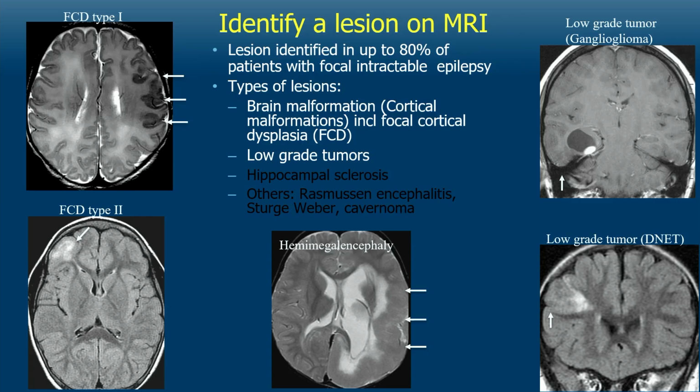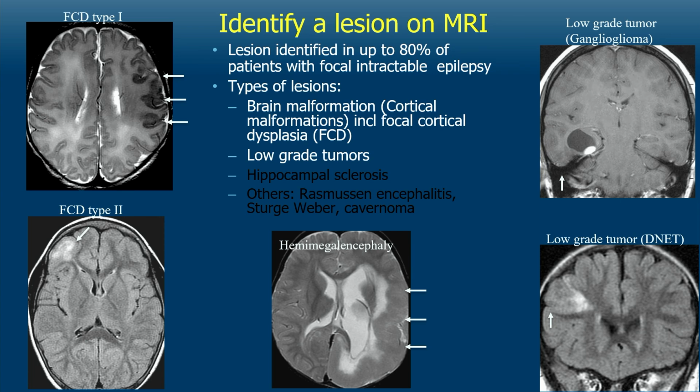So what are the types of abnormality or lesions, we call them lesions, on MRI that we may encounter in patients with epilepsy who are being evaluated for epilepsy surgery? The 2 most common lesions are brain malformations, in particular focal cortical dysplasia, which is a type of brain malformation. It's very common in children with focal intractable epilepsy.